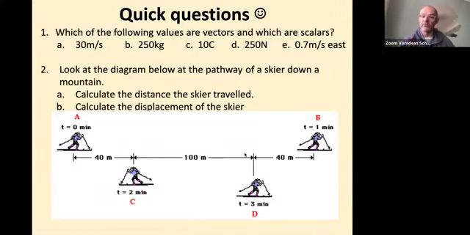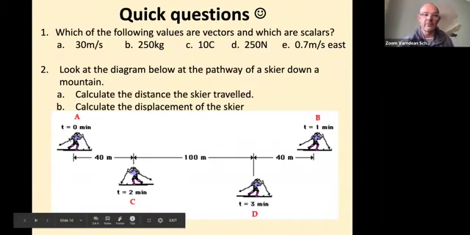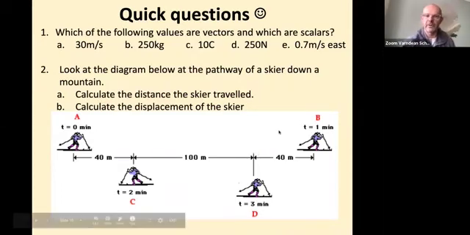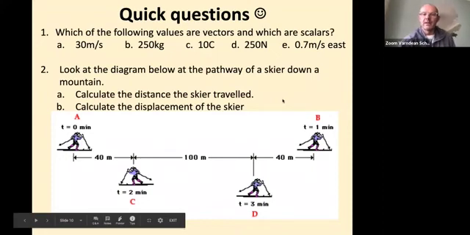And it's really important because if they were the other way, their displacement would be 140 meters to the left of where they started. So distance, you add up all of the distances that the person or the thing traveled, but displacement, you just work out how far away they are from where they began and in what direction. It's quite important. Okay, so that's the difference between distance and displacement.